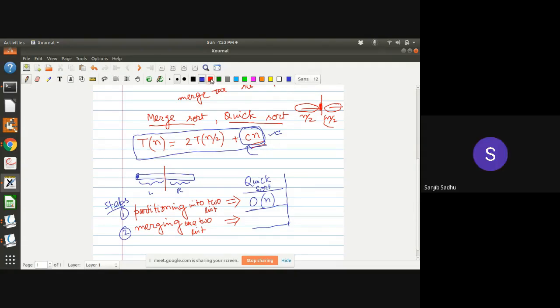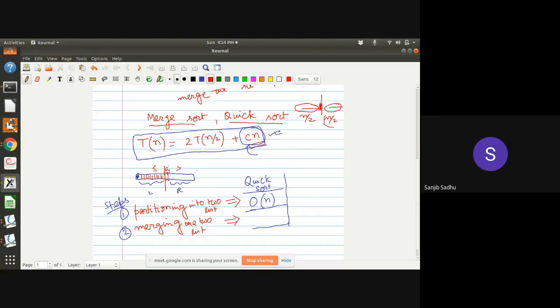No virtual merging. What actually you are doing, you see, all the elements on the left side are less than the pivot. If A is the pivot, then all the elements on the left are less than or equal to this, and all the elements on the right are greater than or equal to this. Clear?